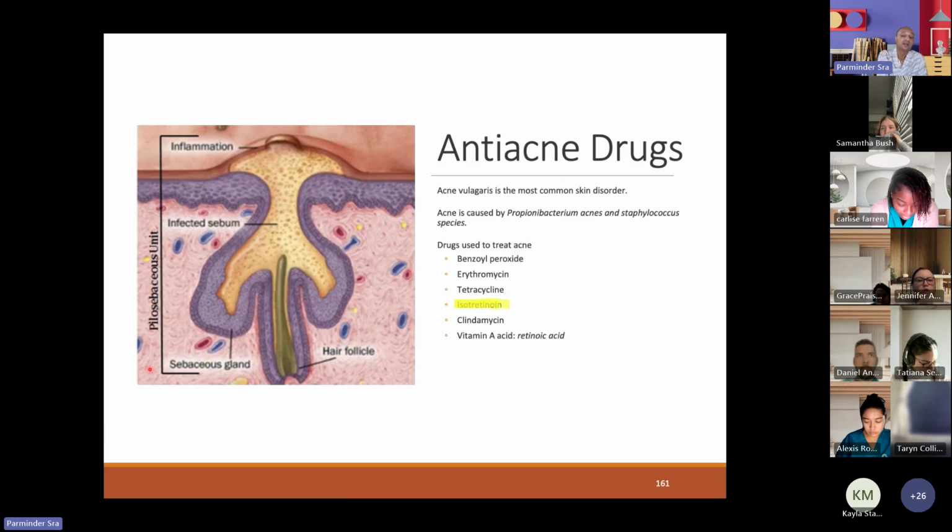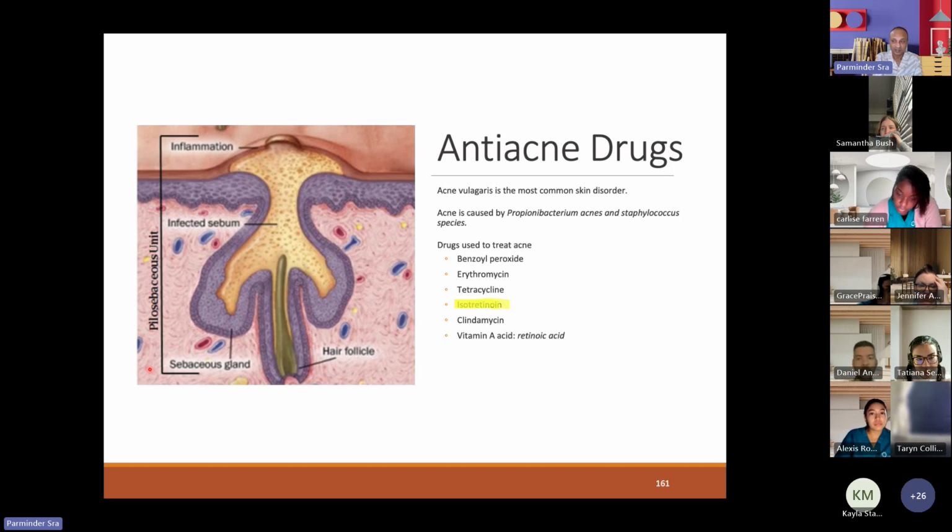Okay. Now, anti-acne drugs. It's a common issue, especially at a young age, and they are more concerned about how they look at that age as well. So it's a very common condition, and you should know about the common products used. You start with the mild and then you step up. That means you start with OTC products, and the majority of the time it's benzoyl peroxide.